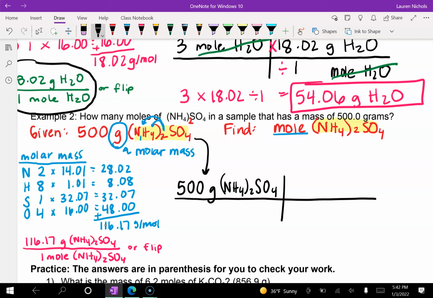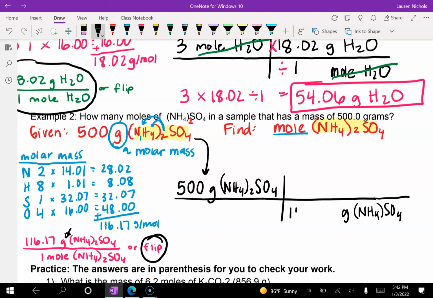And then we know that because I have grams of ammonium sulfate in the numerator, I also have to have grams of ammonium sulfate in the denominator. Now, when I look at my conversion factor, grams of ammonium sulfate is in the numerator, which means I'm going to need to flip it in order to put it in my chart correctly.